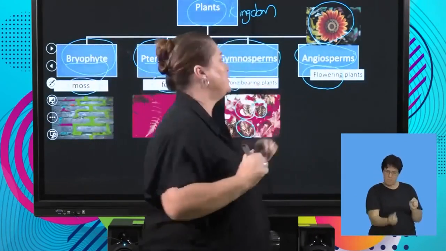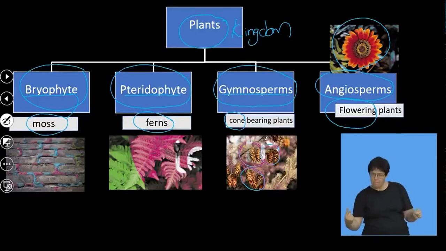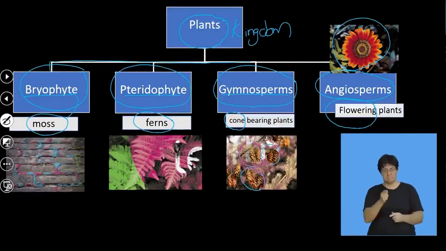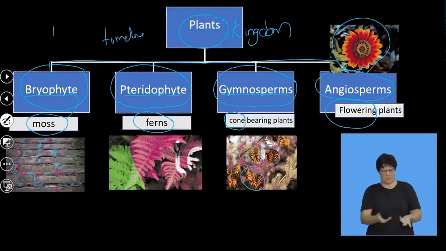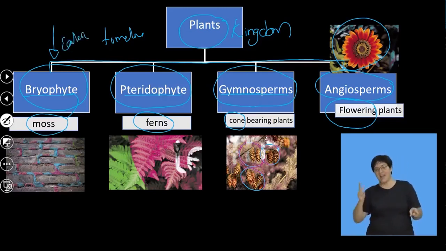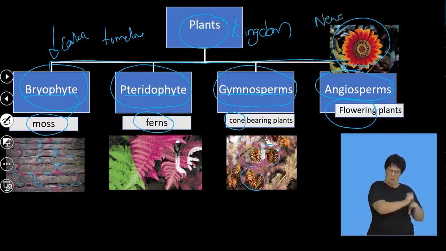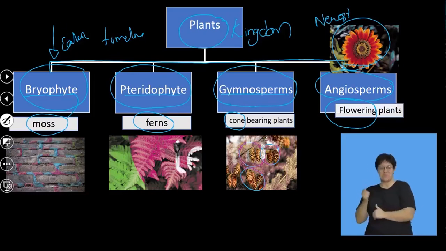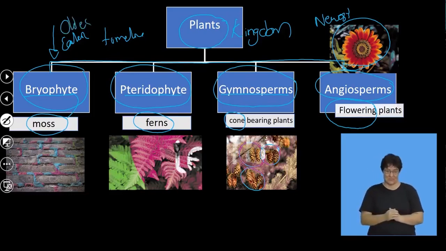So if we look at these 4 groups, this could almost be a timeline. These would be your earlier plants, and these would be your newest. So, the earliest or oldest and the newest plants.